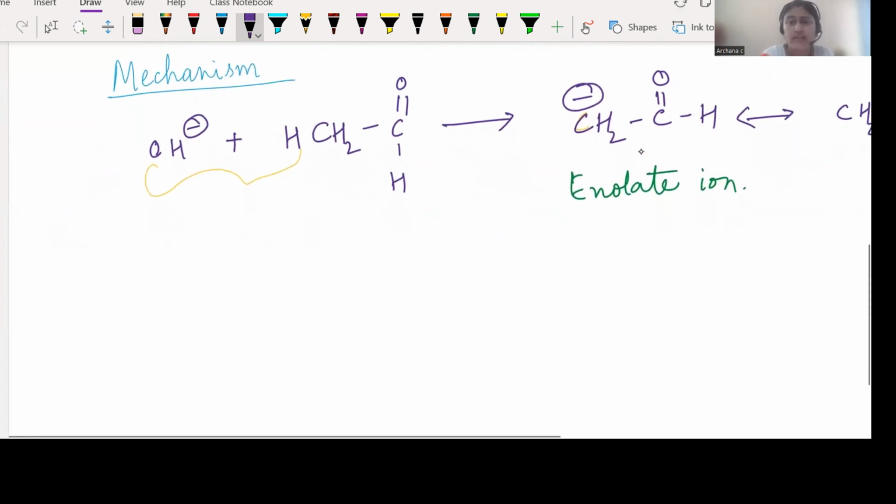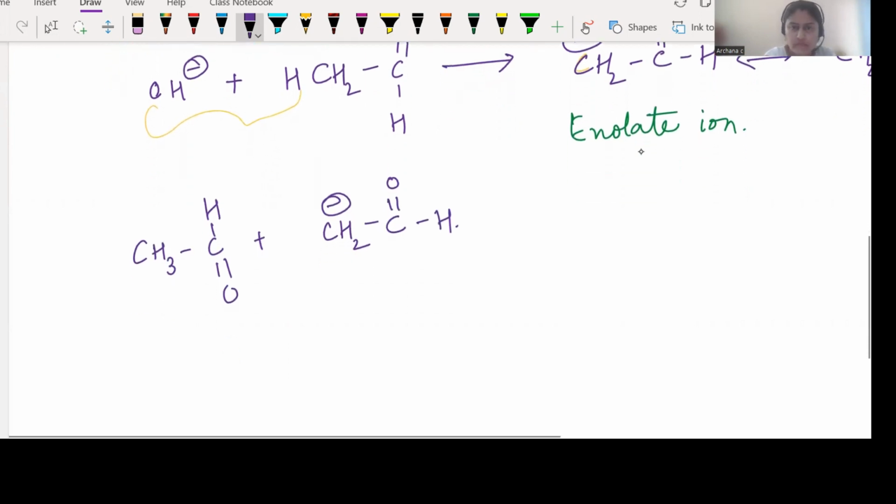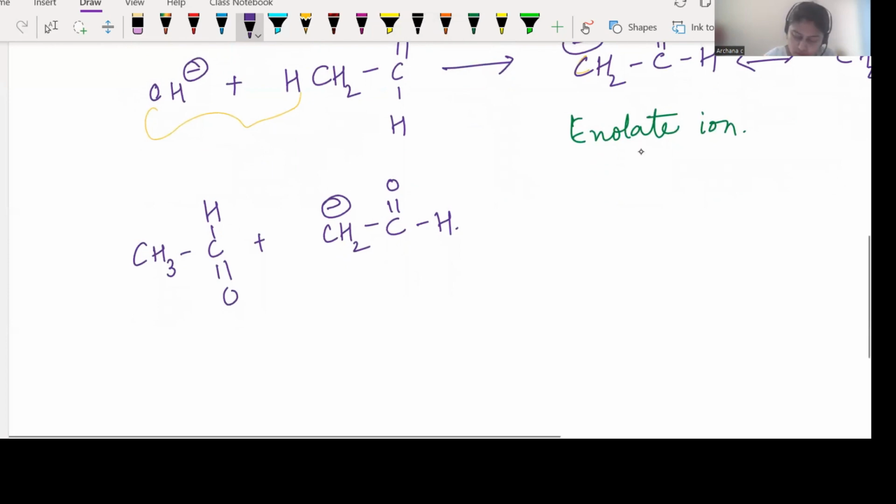Now in the second step, this enolate ion will go and attack another molecule of acetaldehyde. So this is my acetaldehyde and this is my enolate ion. So it will go and attack here.